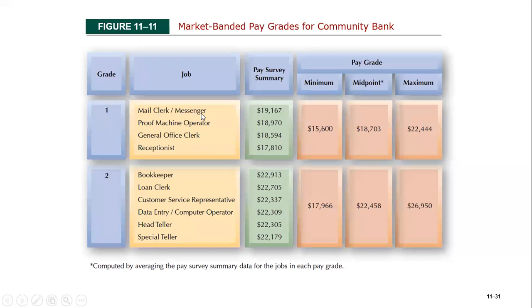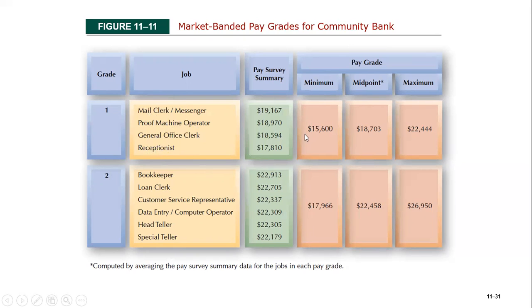So what jobs are included as per market banding in grade 1? Mail clerk, messenger, proof machine operator, general office clerk, receptionist. All of these are grade 1 jobs and they should be paid this amount as per the market pay survey summary.